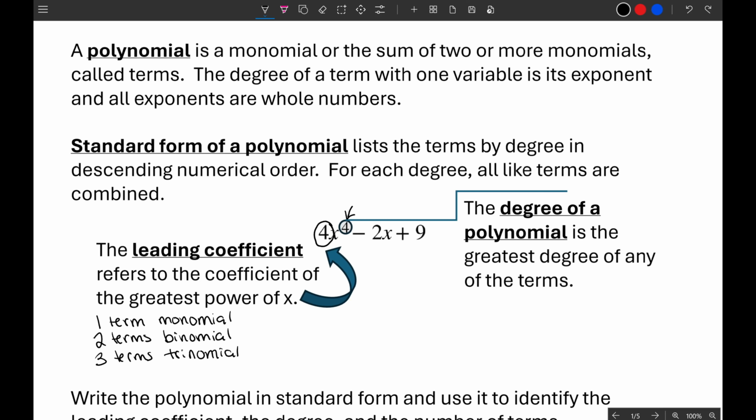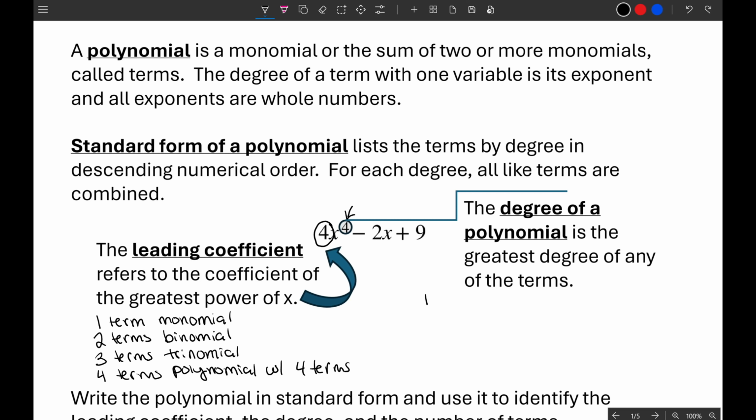All right, if you have more than three terms, like let's say you have 4 terms, that's just a polynomial with 4 terms. We don't have a name for a 4-term polynomial. So we just call it a polynomial with 4 terms. So if I had 5 terms, it would just be a polynomial with 5 terms.